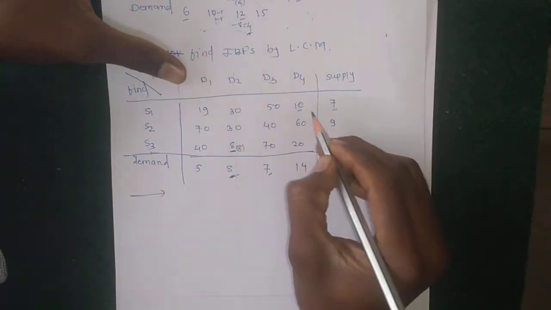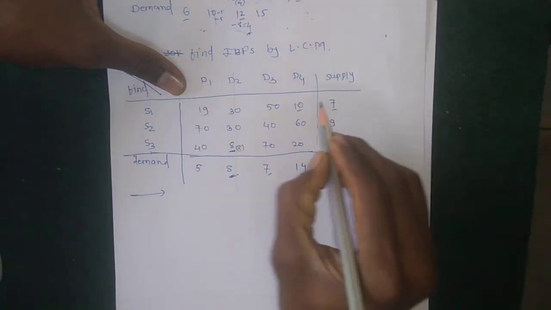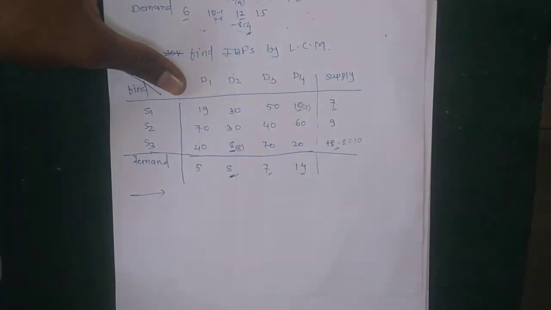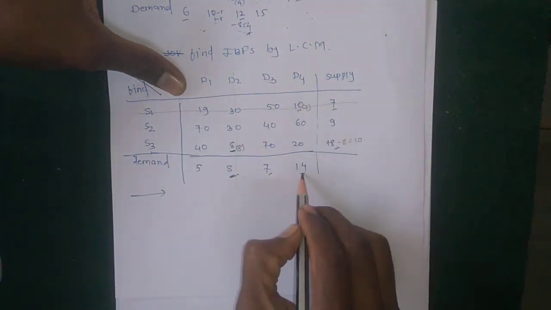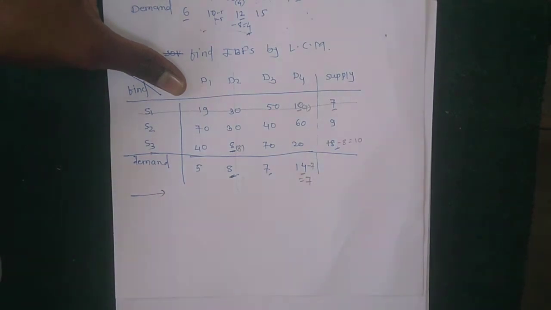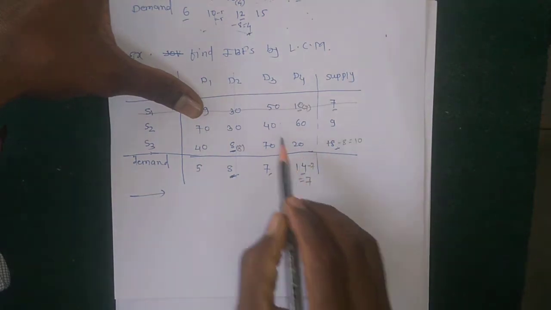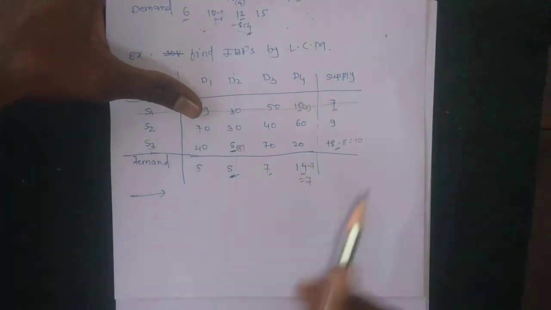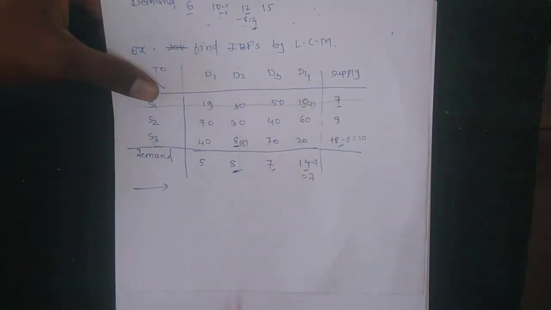for 10 the demand is 14 and supply is 7, so allocate here 7 and remove row S1. So 14 minus 7 is equal to 7 remaining. Okay, then 70, 40, 40, 70 and 60, 20 are remaining, only D1, D3 and D4 columns and S2 and S3 rows.